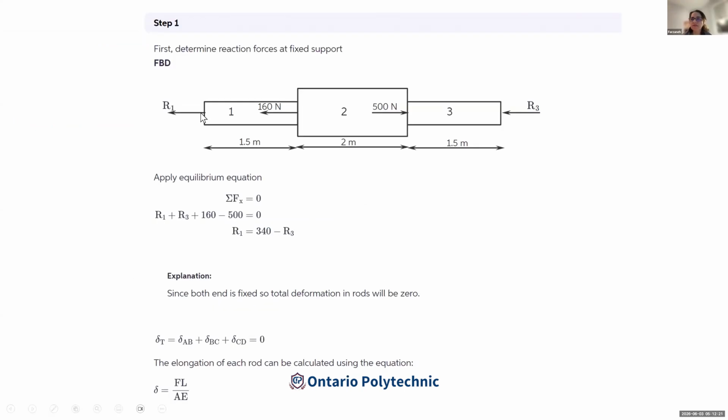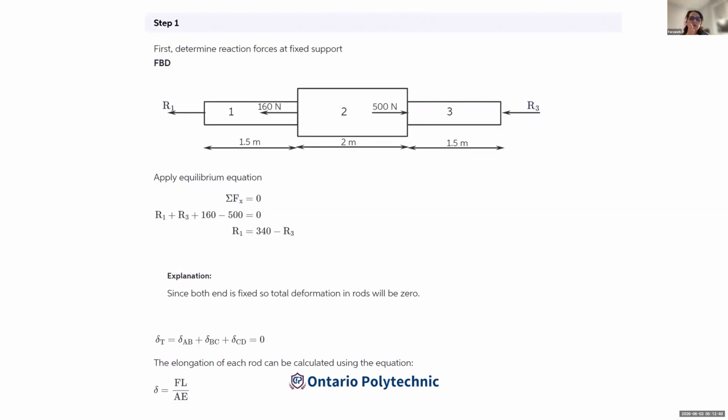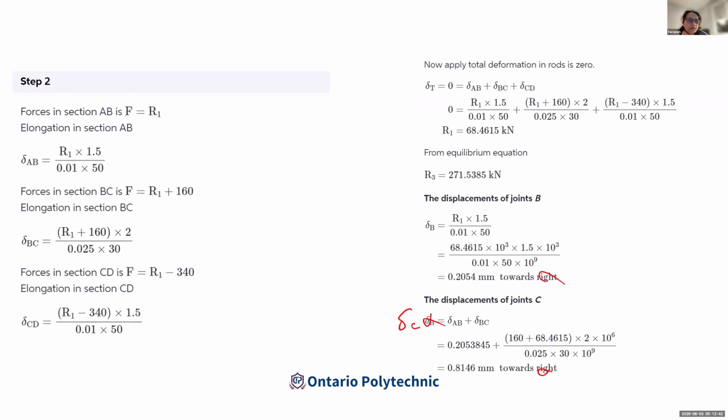I think when you consider a direction for a force and then the final result is positive, it means that you are correct, because you put it positive in the equation and then you get positive, so the direction that you considered is correct.